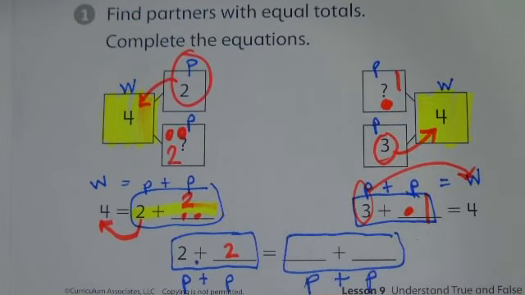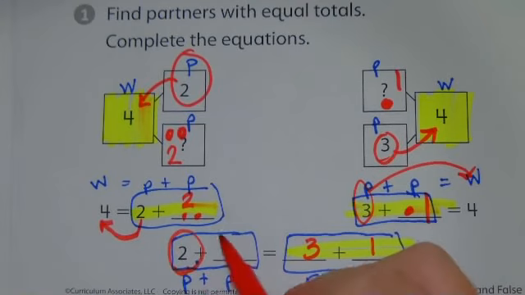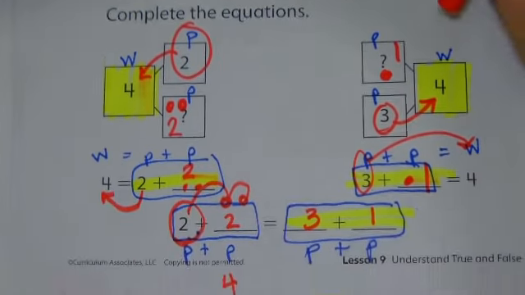Then I'm going to take that 3 plus 1, and I'm going to move it down here. 3 plus 1. Now I can prove it again, but I've already done the work above it. But I can prove it again. 2 plus 2 more. Count. 2, 3, 4.